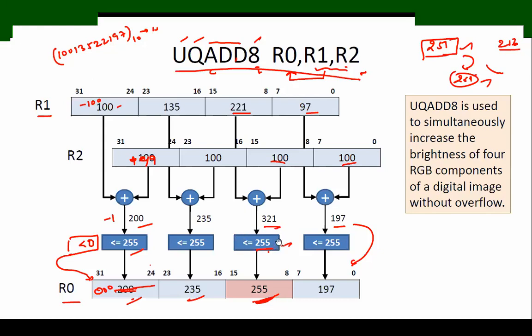It doesn't go beyond this. So 321 is not taken; the maximum limit is taken, and it is recorded in the Q flag. That's why it says UQ, unsigned Q flag. We are adding these numbers, where Rd is the destination and R1, R2 are the registers.